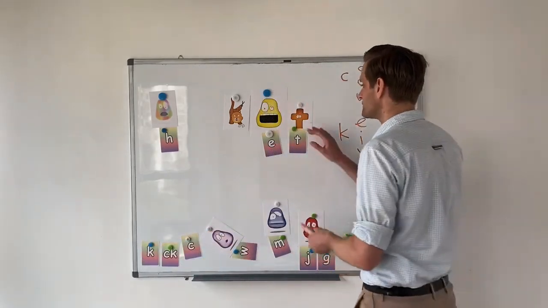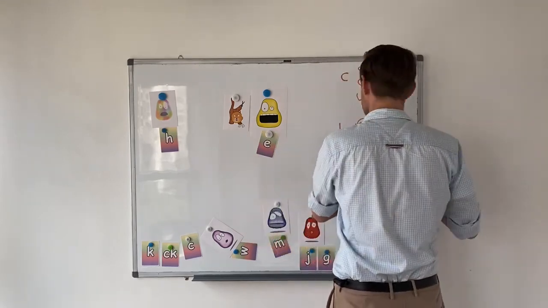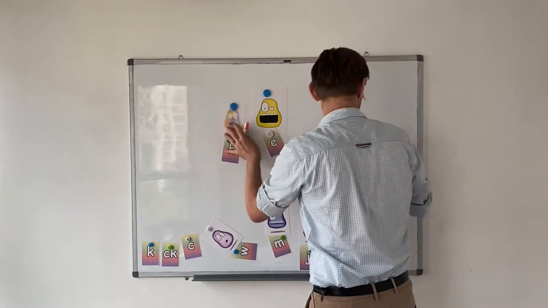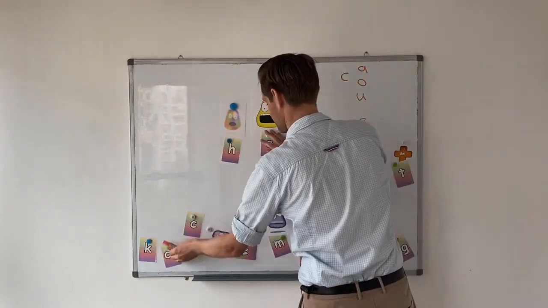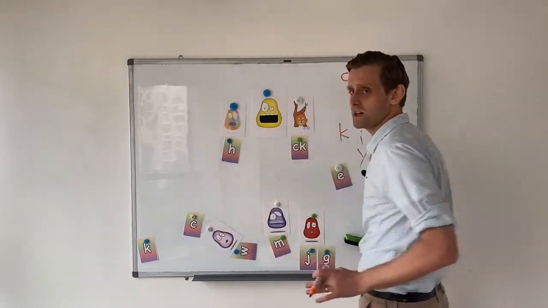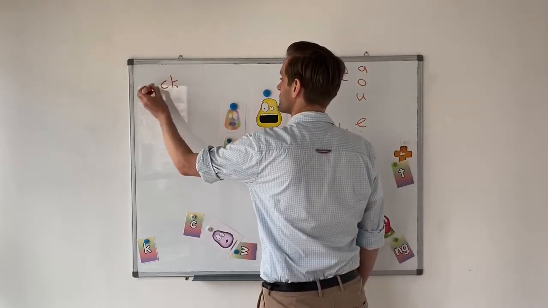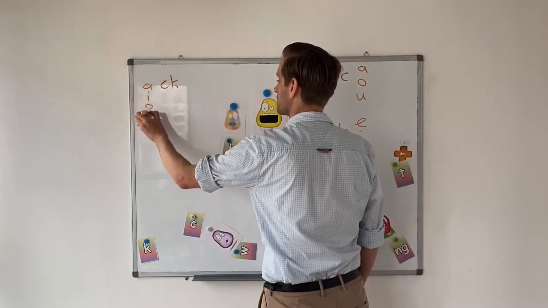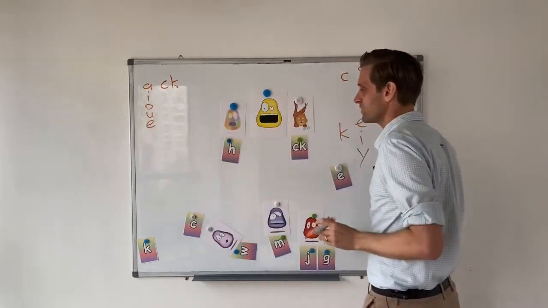Similarly, if we do it at the end of words, let's go back to my H because I like it. Now, the actual rule is if it is going to be a short vowel, then we have CK. So it'd be like ak, ik, ok, uk, ek, the example we've got here.